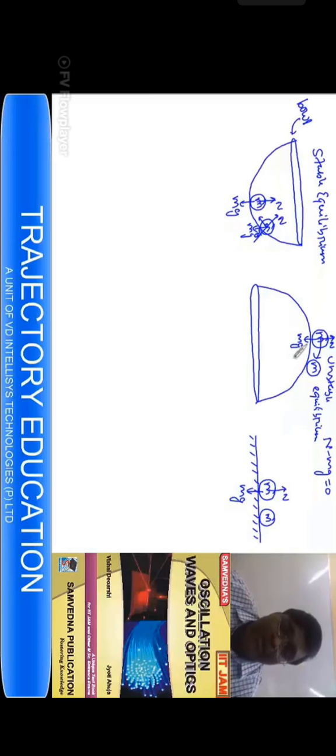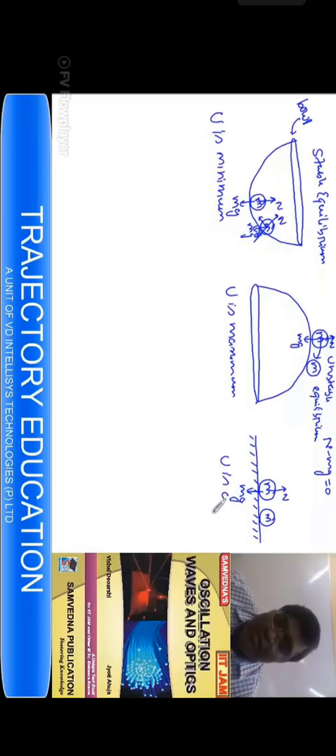If you compare the equilibrium position with points in the neighborhood, you find that at this point potential energy is minimum, at this point potential energy is maximum, and at this point potential energy remains constant. So in case of stable equilibrium, U is minimum, here U is maximum, and here U is constant.